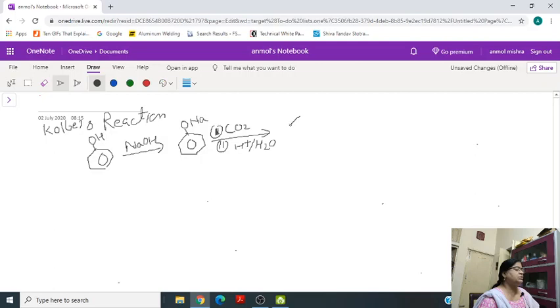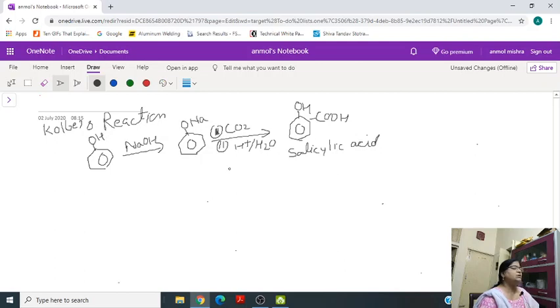It forms 2-hydroxybenzoic acid or salicylic acid.